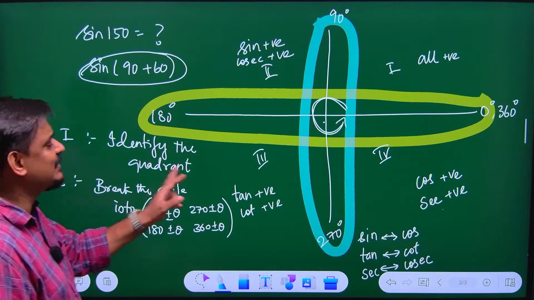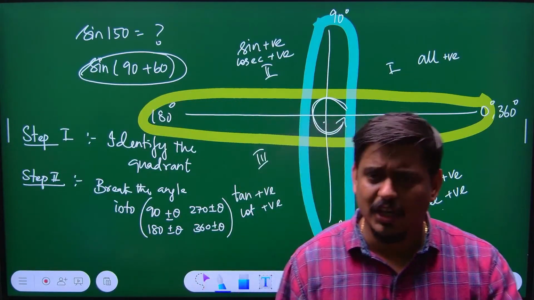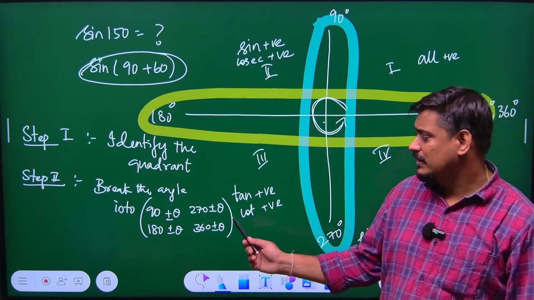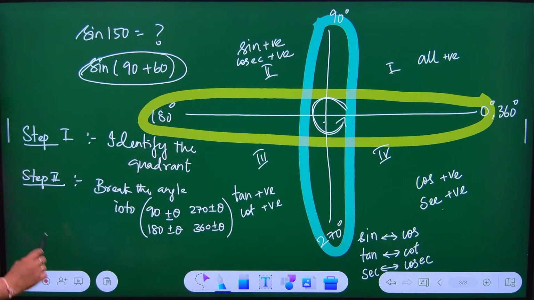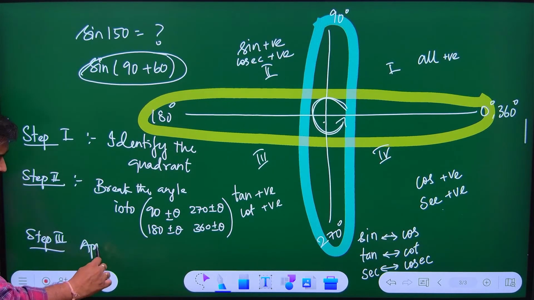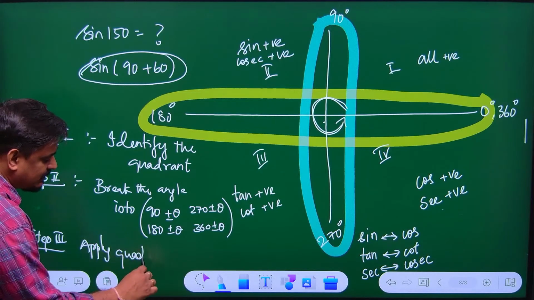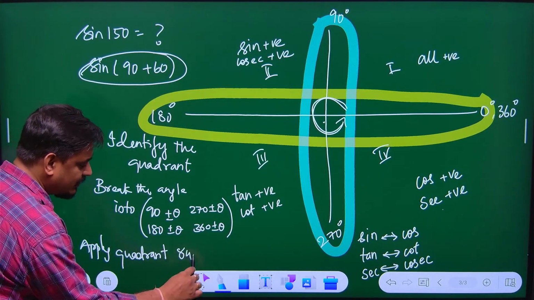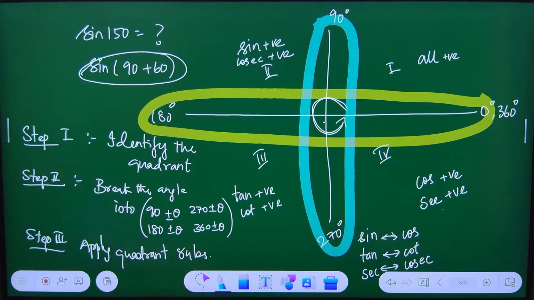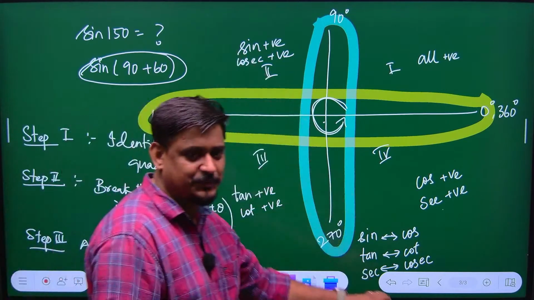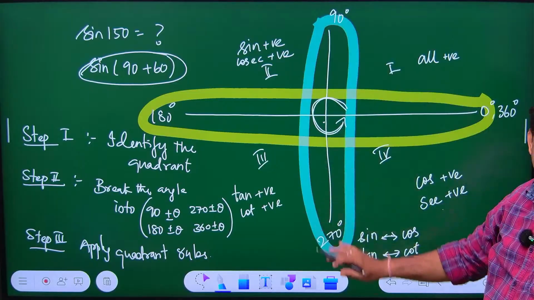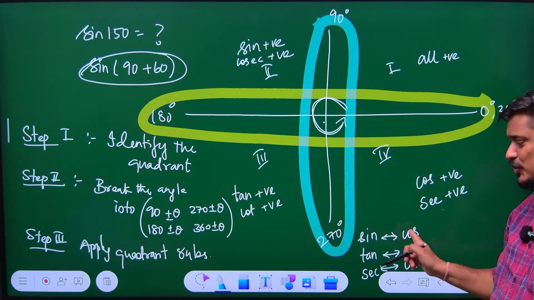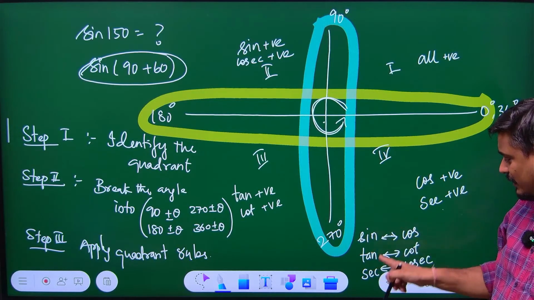This format you will break it into. Next step is step number 3. Apply the quadrant rules. Now, what is the quadrant rule? That I have written here. The quadrant rule says that if you are using the 90 to 270 line, change sine to cos, cos to sine, tan to cot, cot to tan, sec to cosec, cosec to sec.